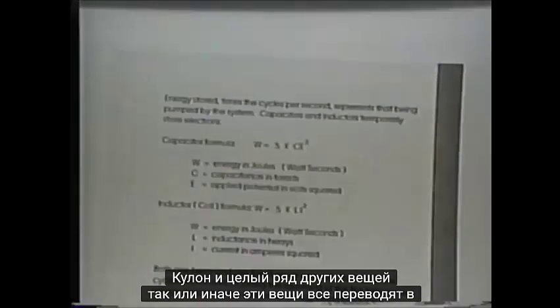So that's how he comes into this. A joule is 1 volt times 1 amp times 1 second, which is a watt second. That also happens to be the definition of a coulomb and a whole slew of other things. So anyhow, these things all translate in and out of each other, and Joule was the one that came up with the system, and that's where we get the name Joule.